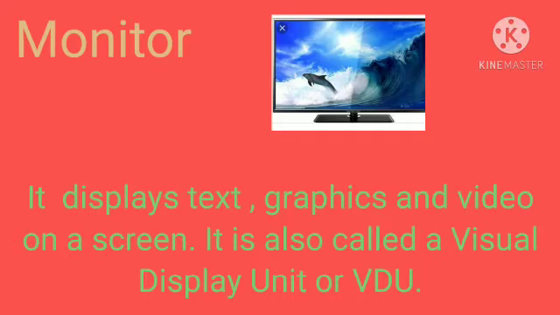There are CRT, LED, and touchscreen monitors. We can directly touch and run the programs on the touchscreen monitors. Monitor is the main output device. The first computer monitors were comprised of a CRT, cathode ray tube, and a fluorescent screen.